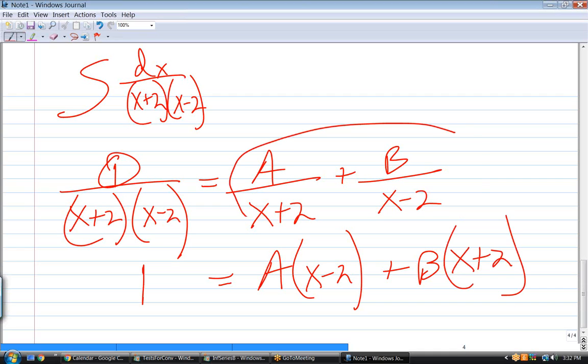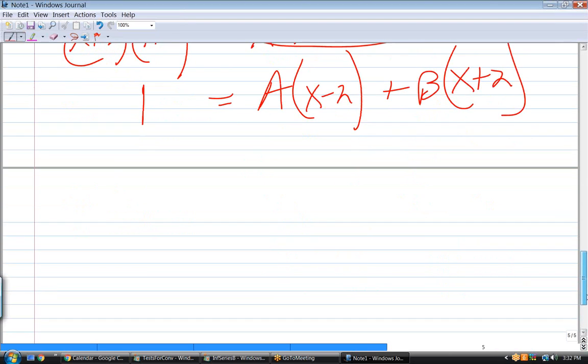In other words, when I add those two together, I've got the same common denominator as I have on the left side. Therefore, the numerators have to be equal. And the numerator on the right side is going to be what I have written on the right here.